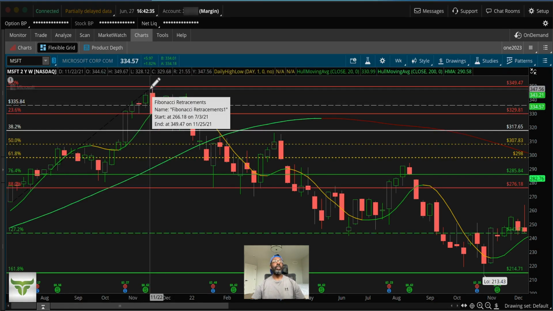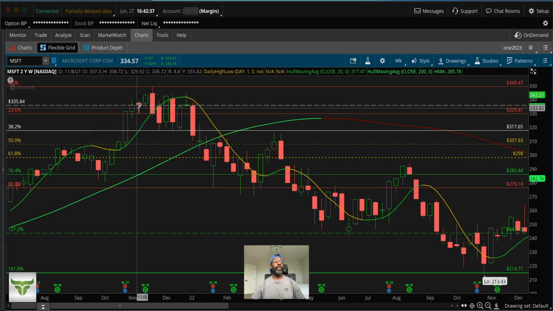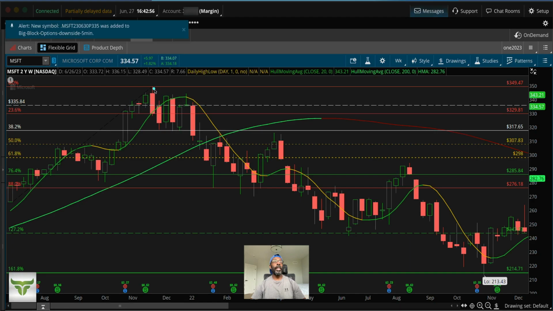And here was 347. So at 335, because remember that was one of our price resistance levels, as a position type of trader on a bearish trend going down, you want to be looking at this level here. When is Microsoft going to break that level after it hit that high? When is it going to break through?